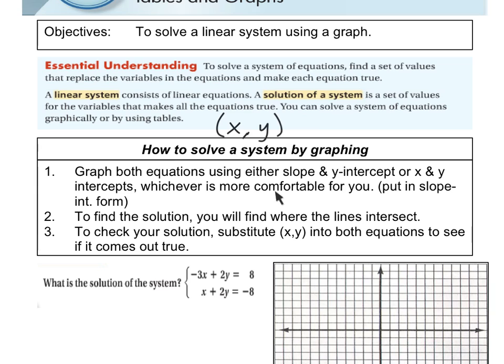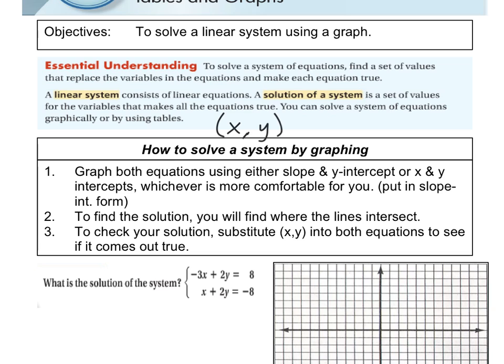It says whichever is more comfortable for you, but my suggestion is to put it in slope-intercept form. Get y by itself, because if you solve by intercepts, you'll get decimals or fractions, which are really hard to graph. So do yourself a favor and put everything into slope-intercept form.